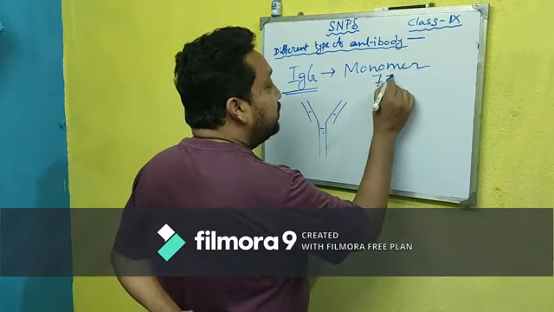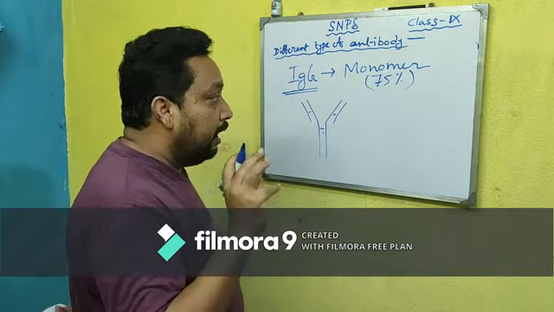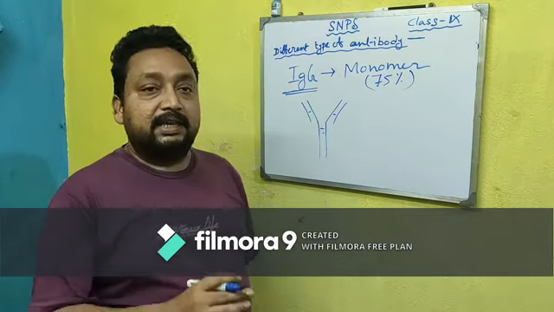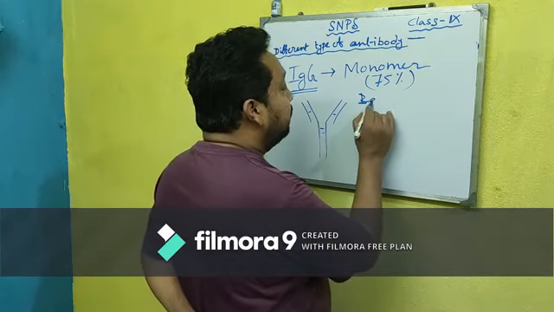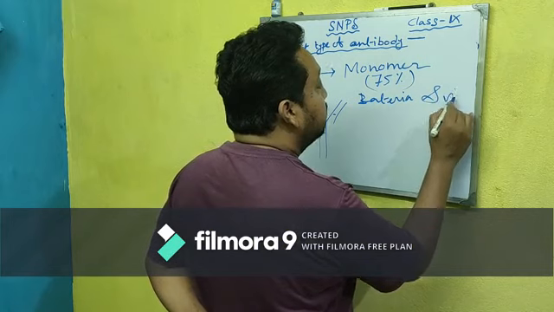It is about 75% of the total amount of antibody; 75% are IgG. It helps to destroy bacteria and viruses.